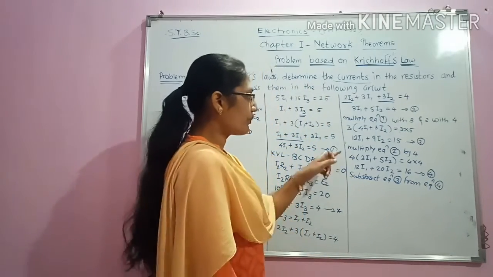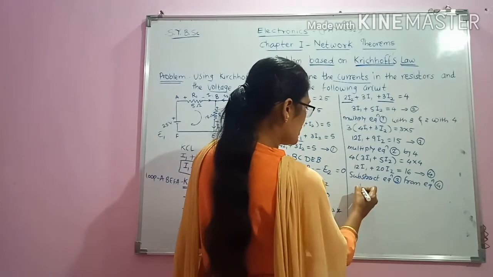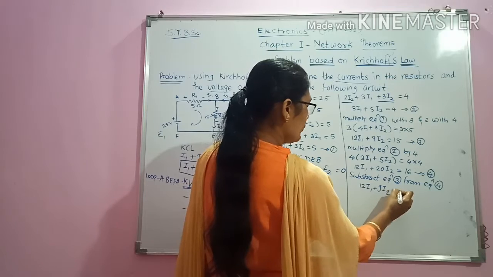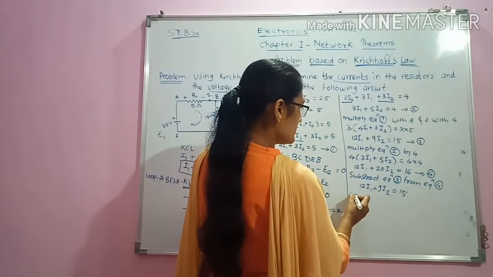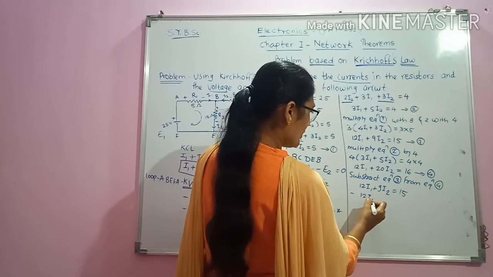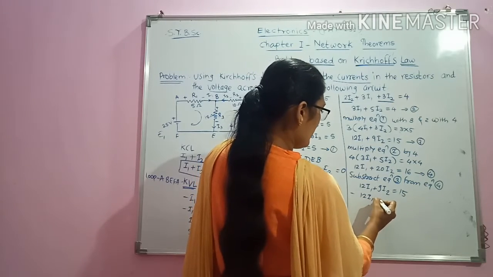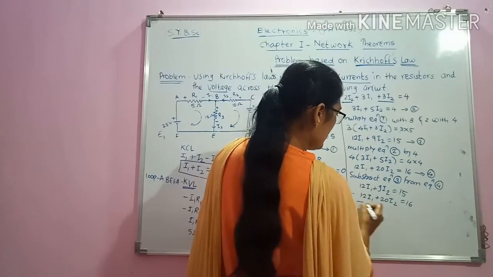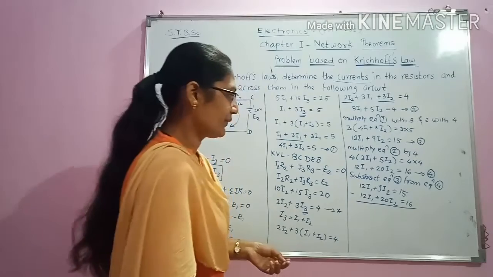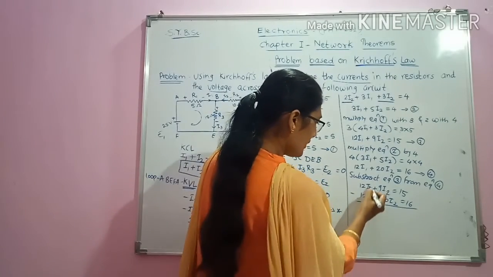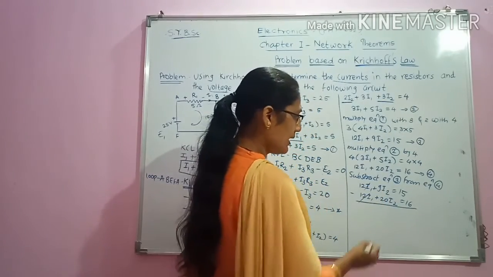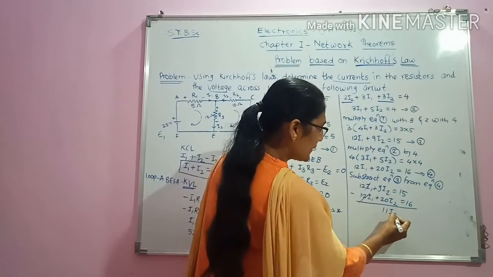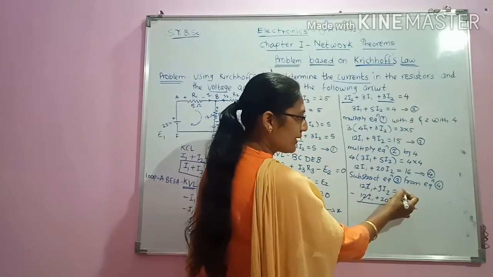So what will we obtain? We have to subtract: 12 times I1 plus 9 times I2 is equal to 15, minus 12 times I1 plus 20 times I2 is equal to 16. So this term will get cancelled, and 20 minus 9 comes out as 11 times I2 is equal to 16 minus 15.